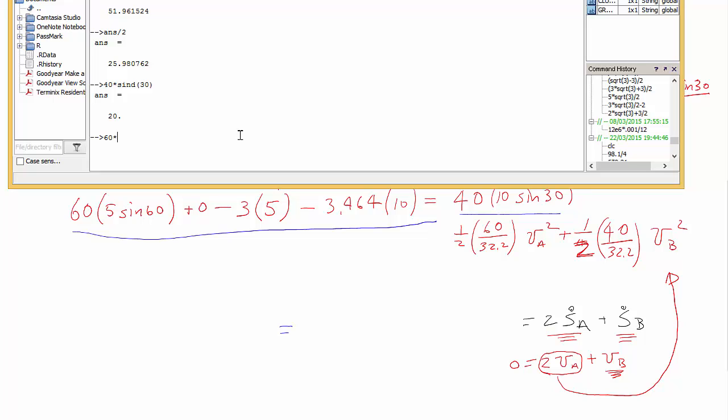60 times 5 times sine of 60 minus 3 times 5 minus 3.464 times 10 minus 40 times 10 times sine of 30.